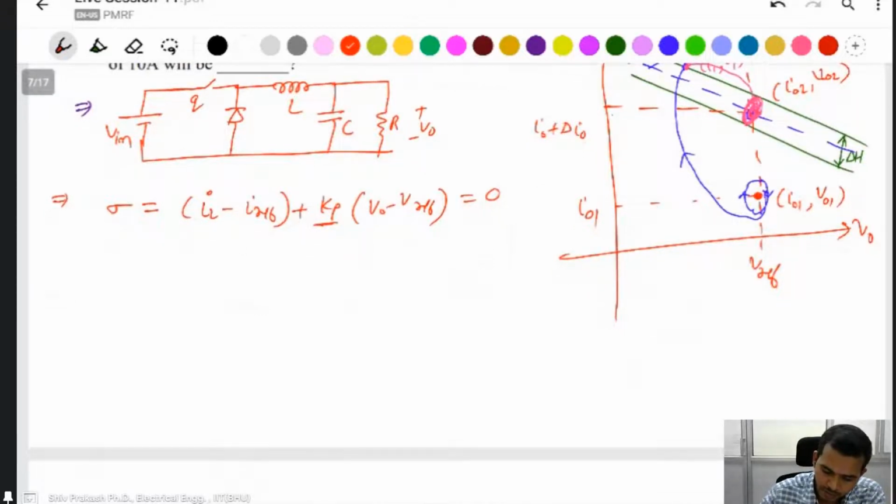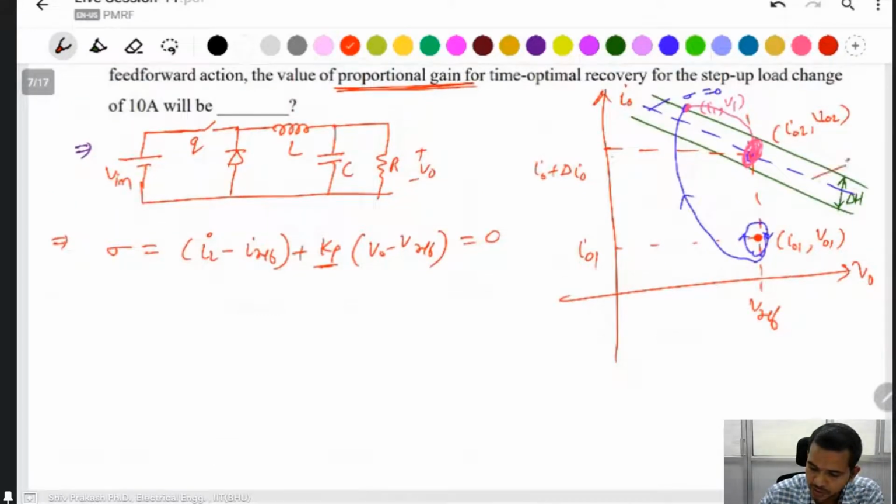For this, first of all, solve this surface, sigma is equal to 0. This one is a surface.